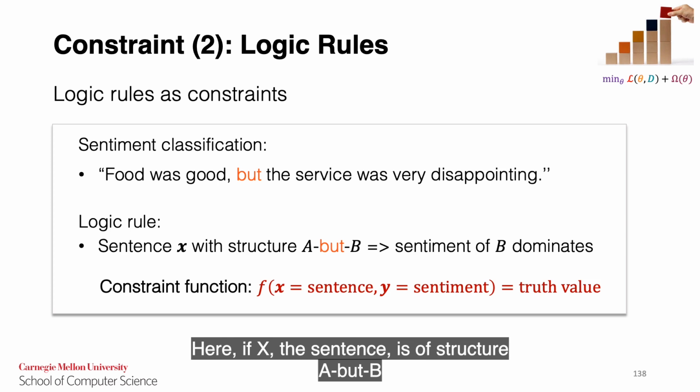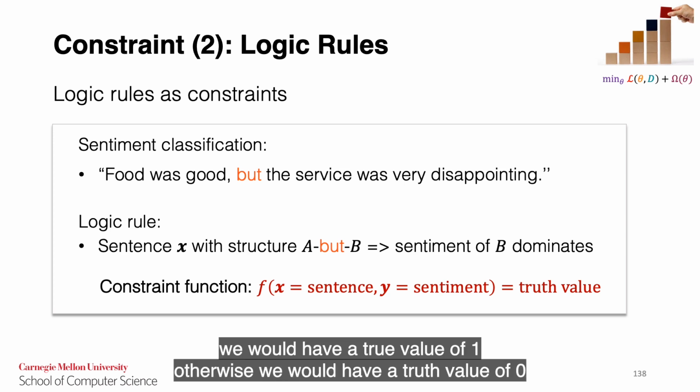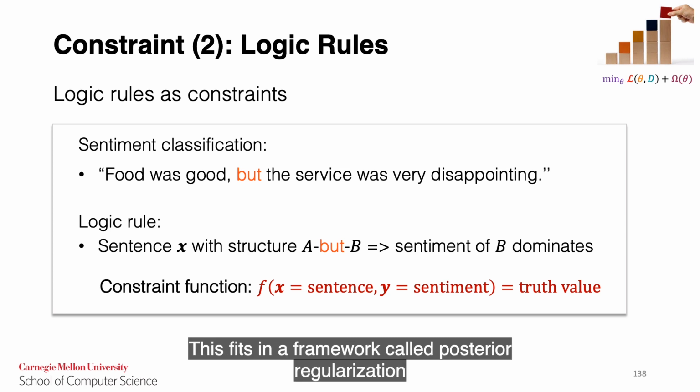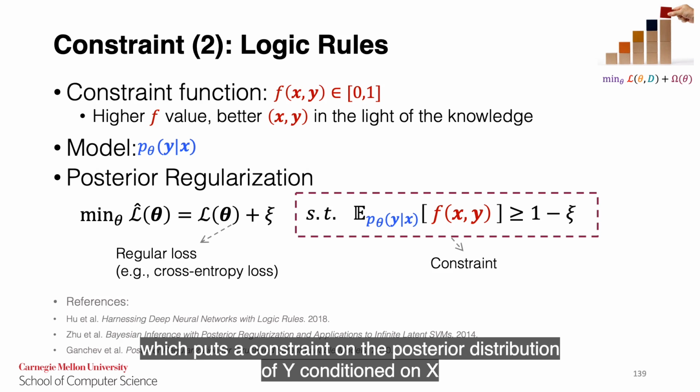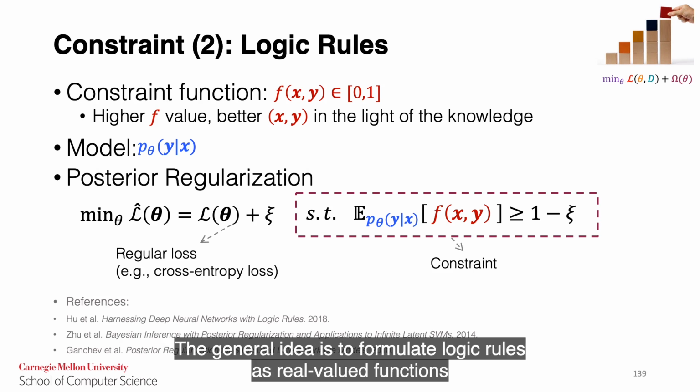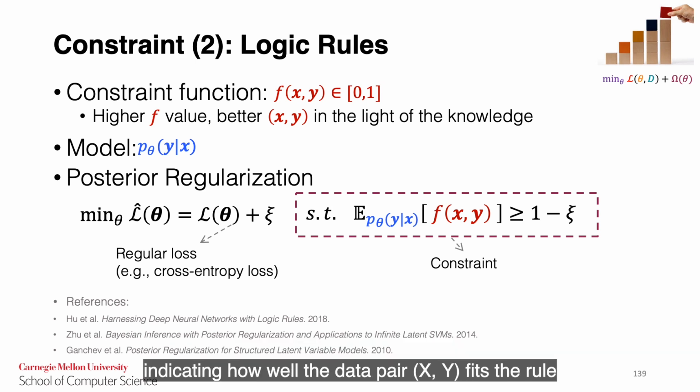Here, if X, the sentence, is of structure A but B, and if Y, the sentiment, is the same as the sentiment of B, we would have a truth value of 1. Otherwise, we would have a truth value of 0. This fits in a framework called Posterior Regularization, which puts a constraint on the posterior distribution of Y conditioned on X. The general idea is to formulate logic rules as real-value functions, indicating how well the data pair XY fits the rule.